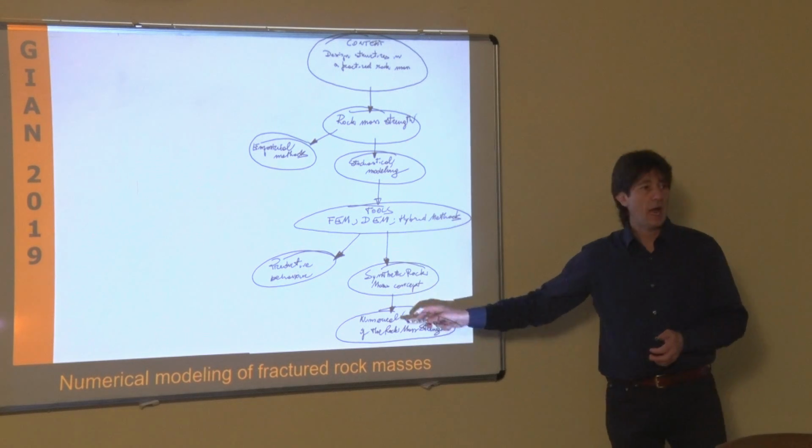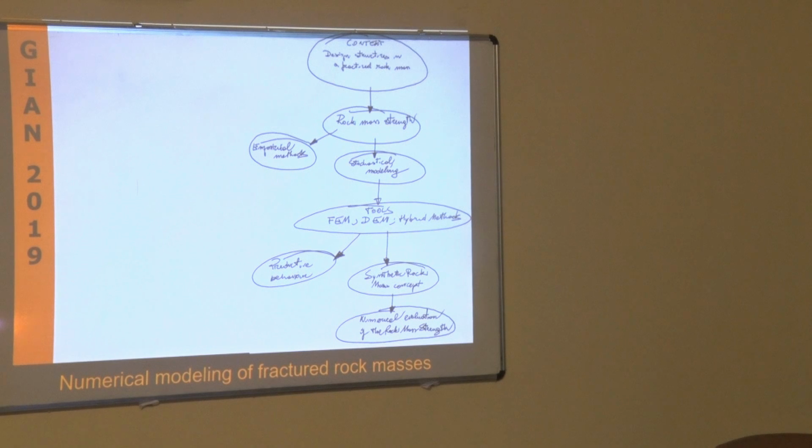And then there are other methodologies that we'll be touching very quickly, which I will mention, the so-called synthetic rock mass, where you upscale models from the lab to a much larger scale to try to account for the presence of more and more features, from micro cracks to larger cracks to joint sets to even faults at larger scale.